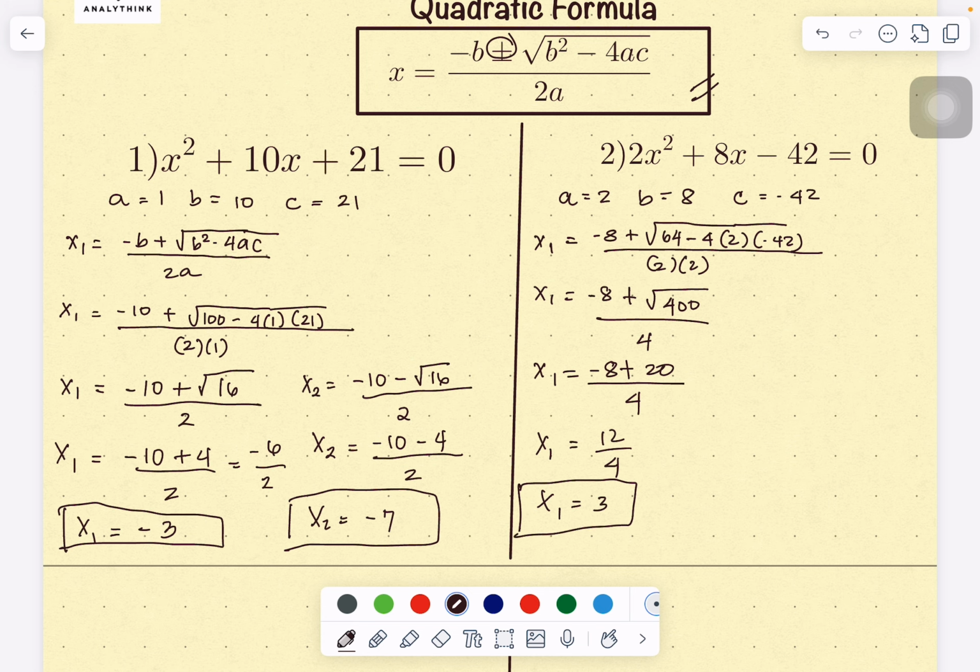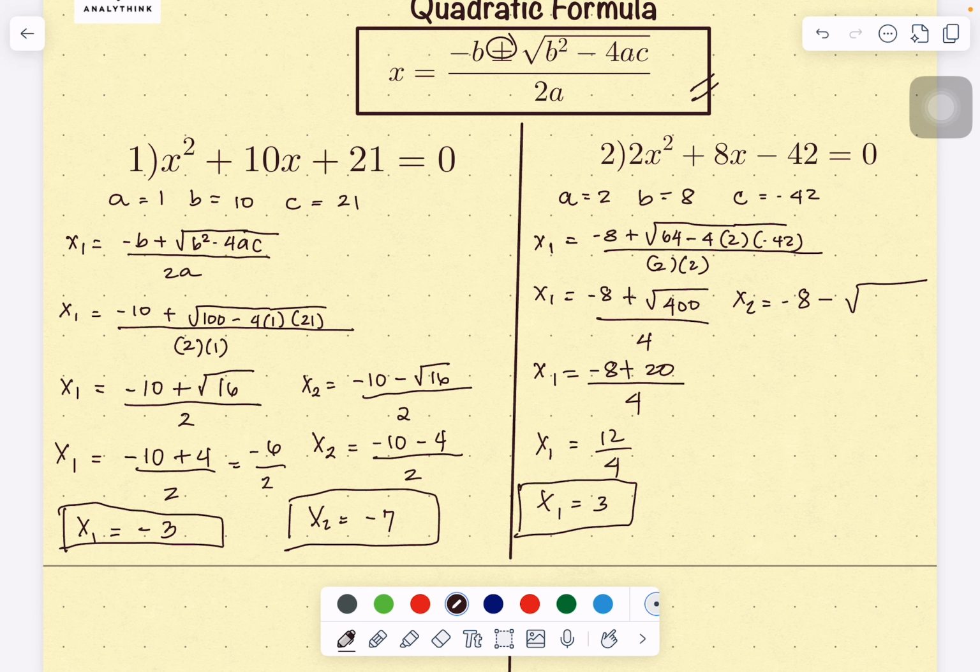Same thing, for x sub 2 it is negative 8, and this time I'm going to make it minus. Your b squared minus 4ac is 400, because 4 times 2 times negative 42 is 336, or am I right?